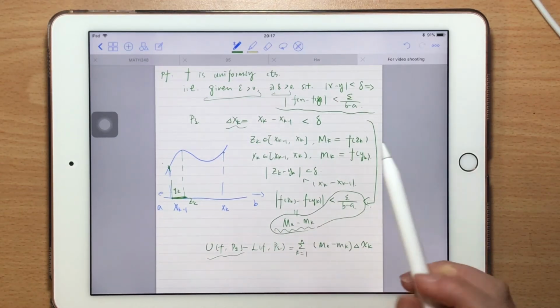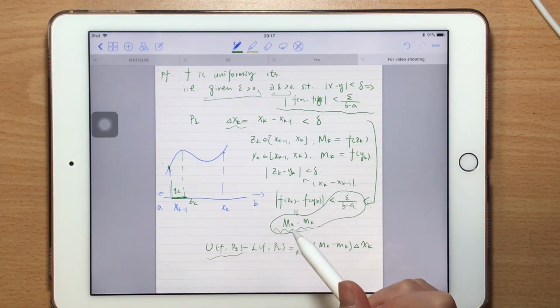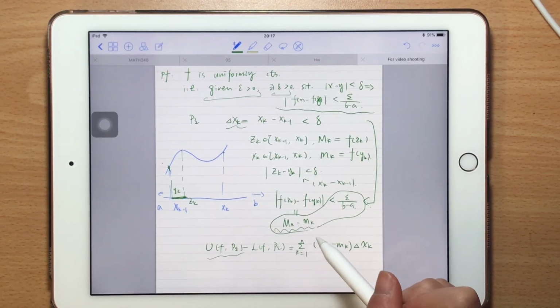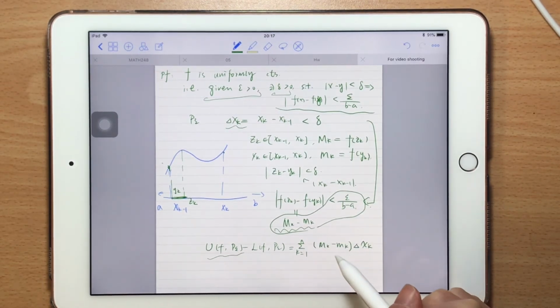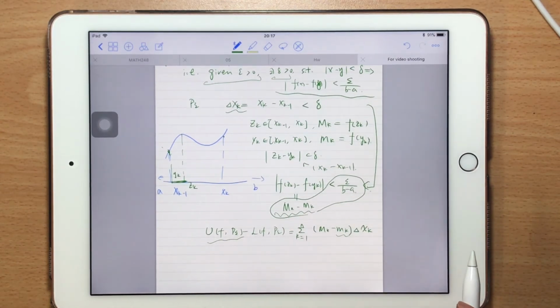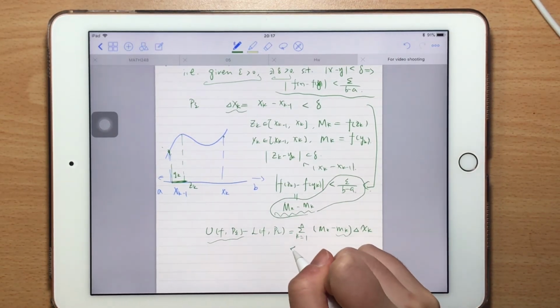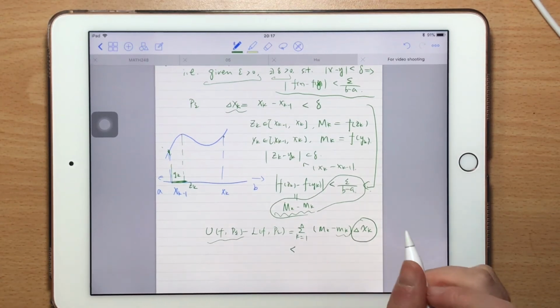We simply take the summands together, because otherwise you can write it as the sum of capital Mk times delta xk minus the sum of small mk times delta xk, which is basically equal to the sum of capital Mk minus small mk times delta xk.